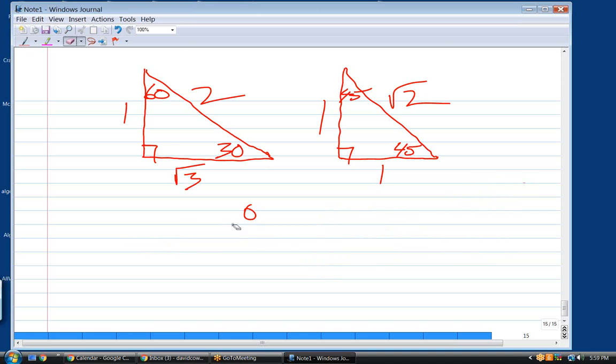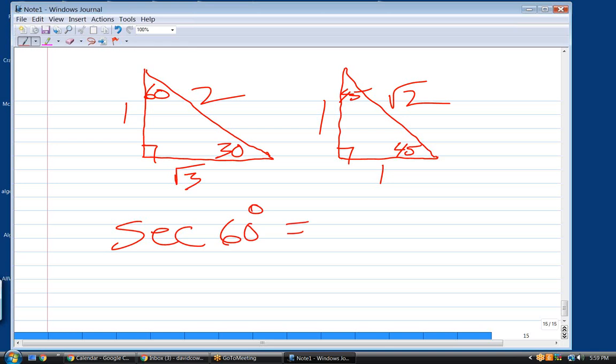But even still, what is the secant of 60 degrees? One over square root of 3 divided by 2?